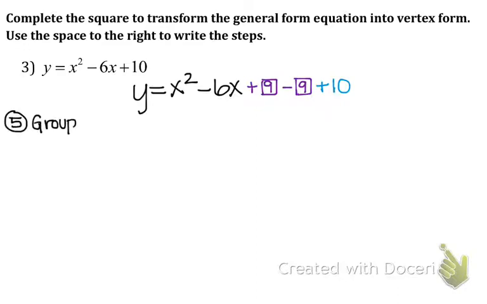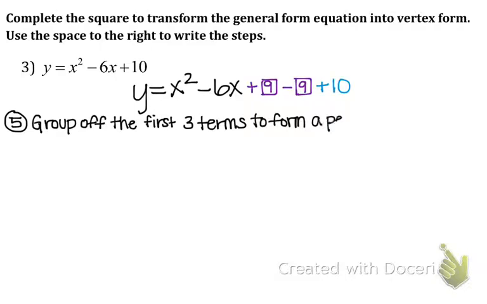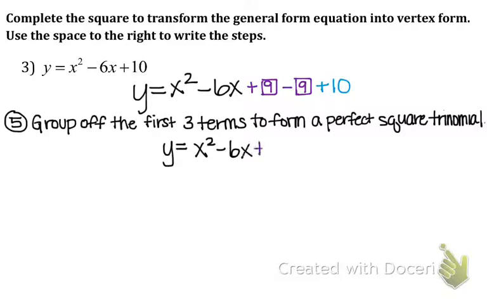Now we are going to group off the first 3 terms to form a perfect square trinomial. So our first 3 terms are the x squared, the -6x, and the +9.